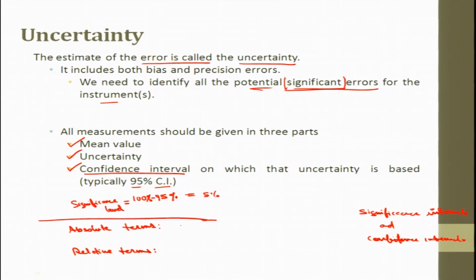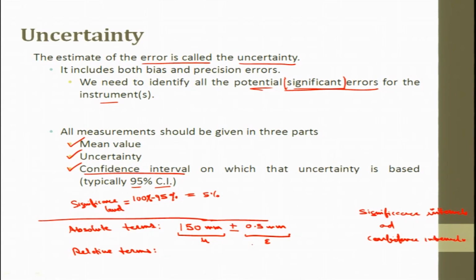So it can be, let me say, 150 mm plus or minus 0.5 mm. This is the mean value, and this is our uncertainty, I put epsilon.